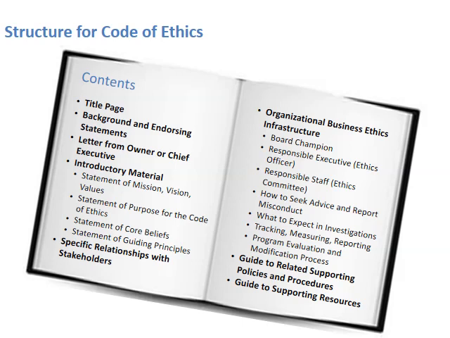The board and senior management should also issue signed statements supporting the adoption of the code. Policies and procedures, like the Code of Ethics, should be living documents. They should be an integral part of the organization's day-to-day operations and need to be periodically reviewed and revised as necessary.